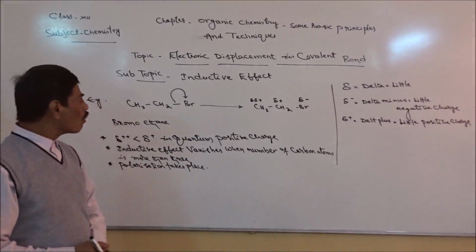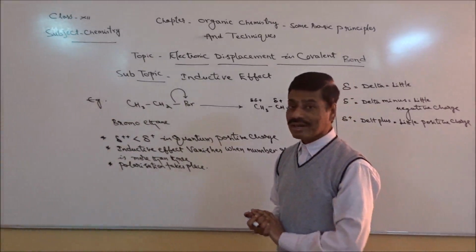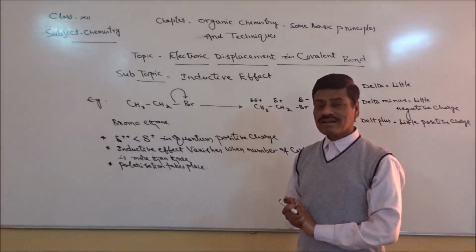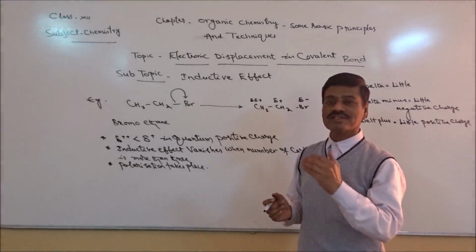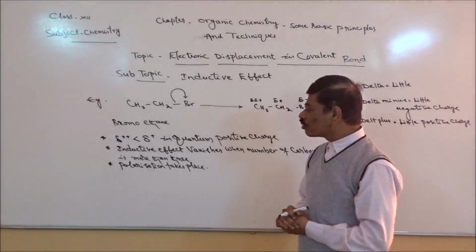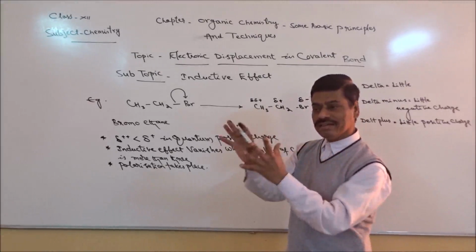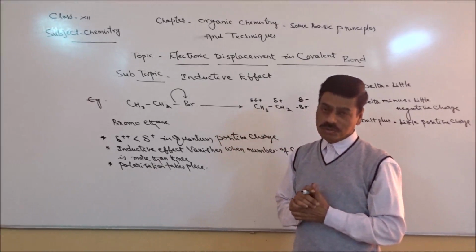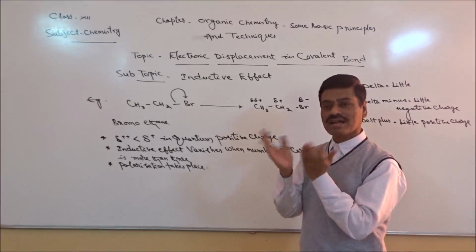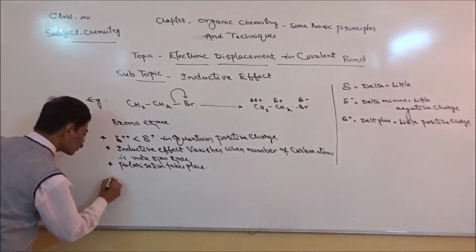At the beginning of this inductive effect, I told about the electron withdrawing group. Here, electron donating groups can also be there in this phenomenon. So, we have electron withdrawing groups and electron releasing or donating groups in the molecule of an organic compound. So, we have two types of groups.